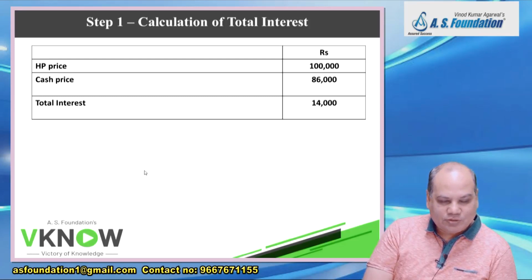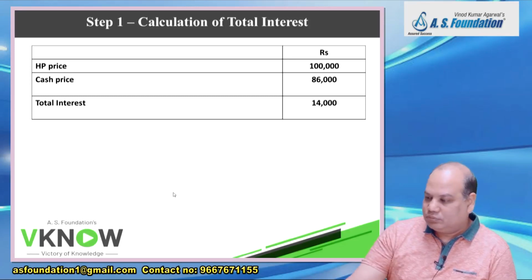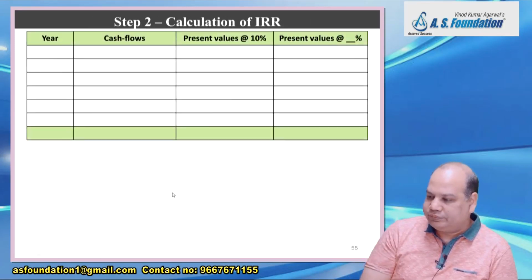Point C, total interest, HP price minus cash price, how much? Is it 14,000? Now we'll write down step 2, calculation of IRR.